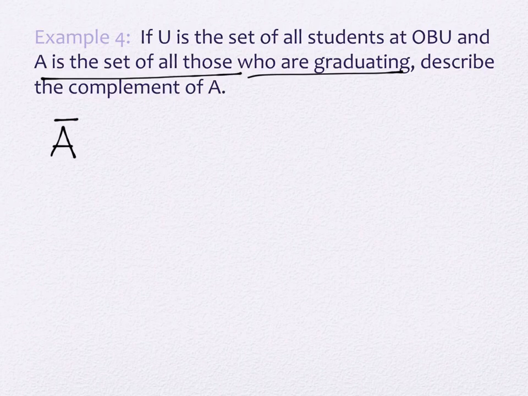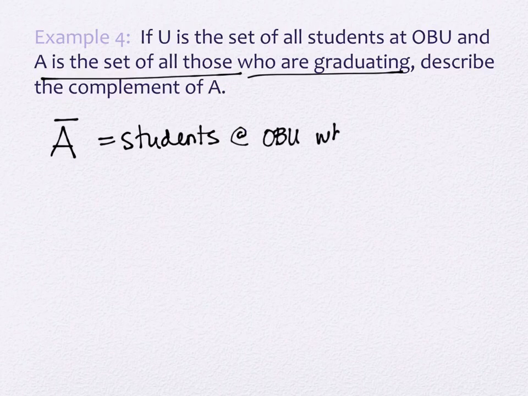So if A is the set of people who are graduating, of the people who are at OBU, what would A complement be? It's the students at OBU. It still has to be students at OBU, who are not graduating.